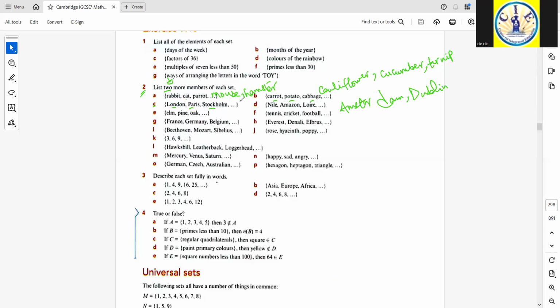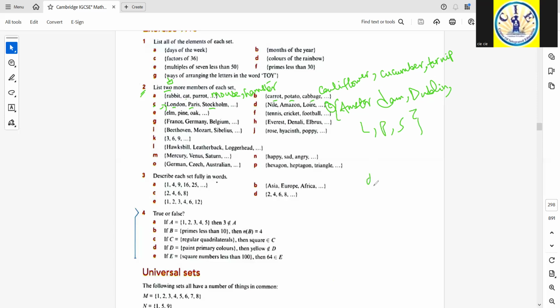So these may also be included in set C. This is the answer to part C. But I do not need to enclose them in these brackets right now, since these two are not the only elements of this set. We have already got these three as well, so we need to write them as a combination of the three previously given in the question. So Amsterdam, Dublin, then London, Paris, Stockholm. So altogether we have five such elements.